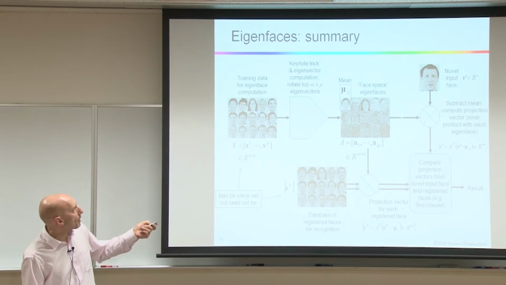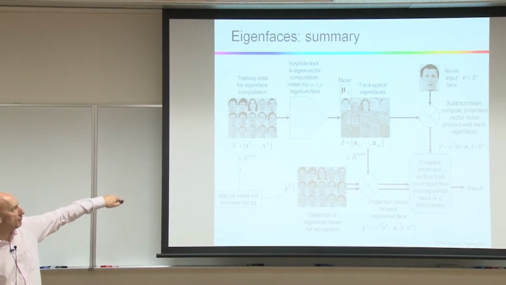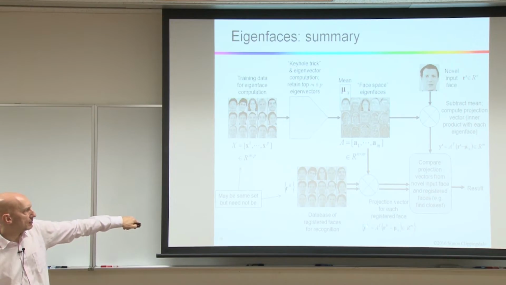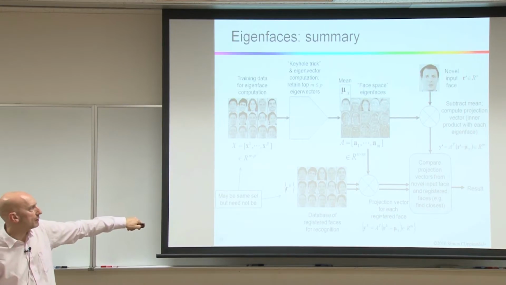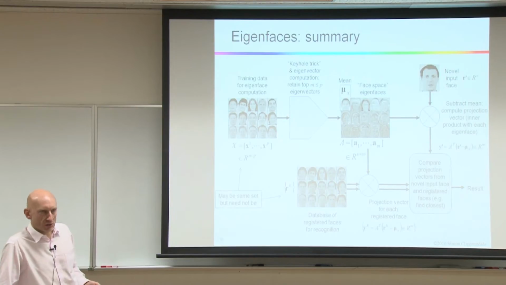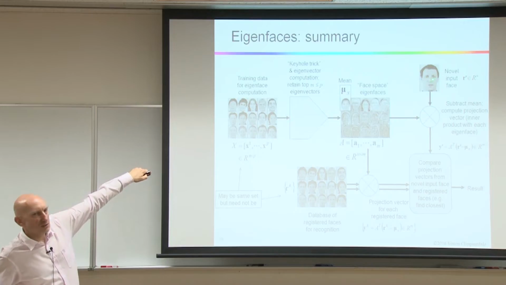So we compute this eigenspace and the mean image, and then for all the images we want to register in the database, project each of those onto this eigenspace and get this yk thing as projection vector for each face. And then when we want to actually use the system to do recognition, here's a guy's face in the input.